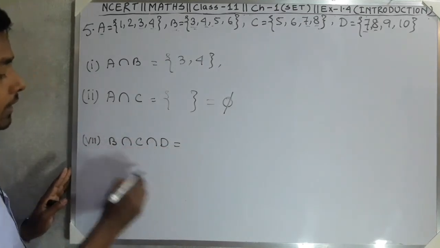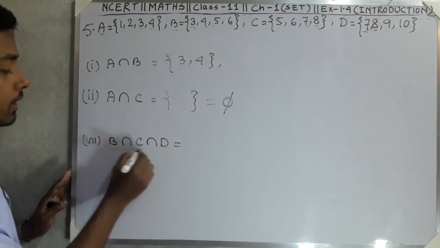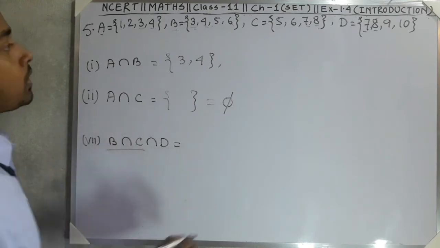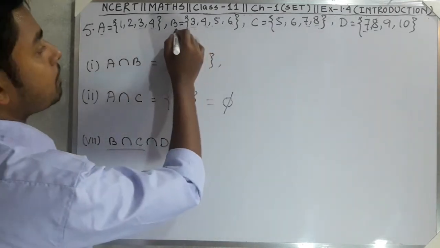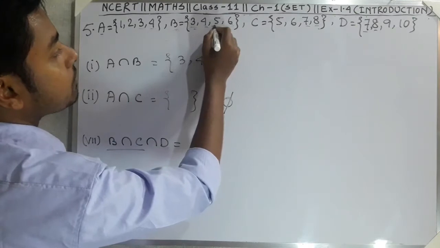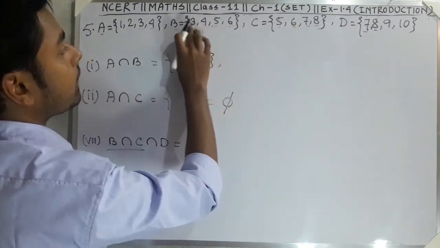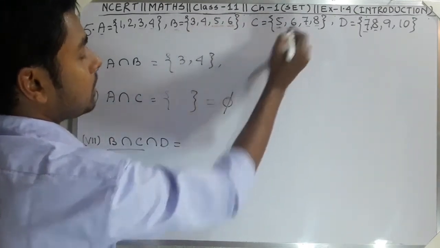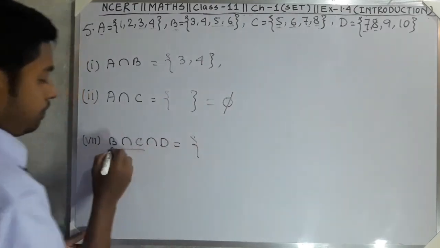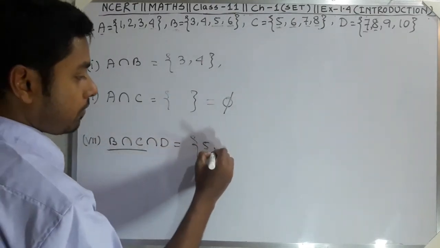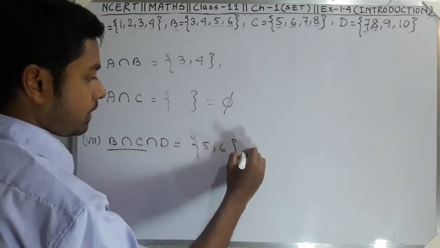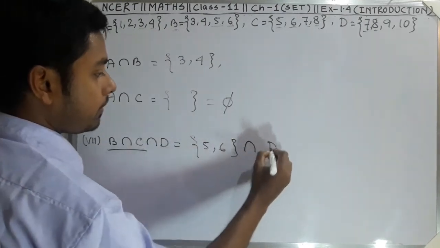So we are finding the intersection first, B intersection C. What are the common elements of B and C? 5 and 6. You can see here 5 and 6 are the common elements. So B intersection C is equal to 5 and 6.